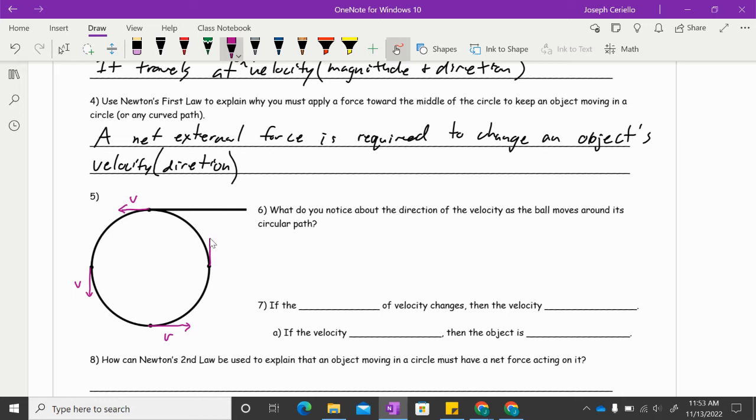The magnitude is not changing, but the direction is, therefore the velocity is changing. It is tangent to the circle. Sometimes this is referred to as tangential velocity.